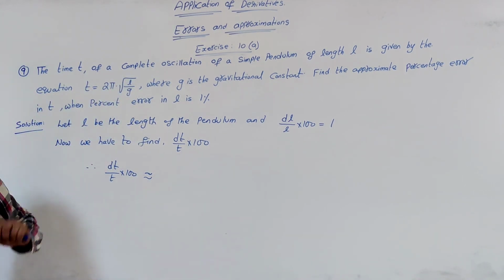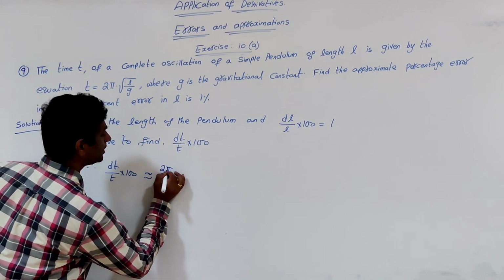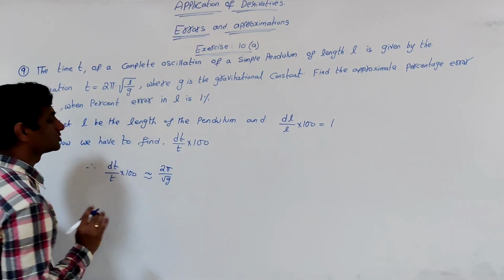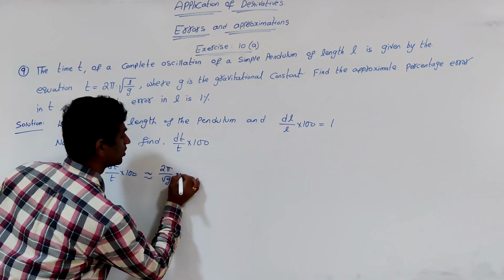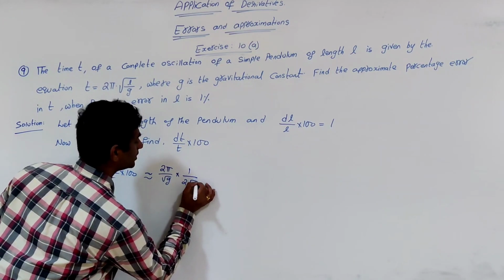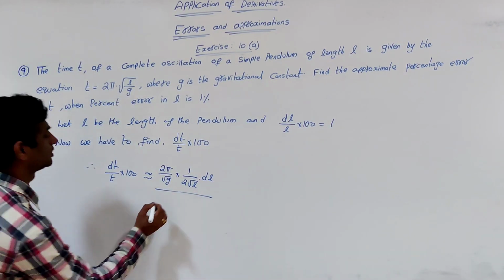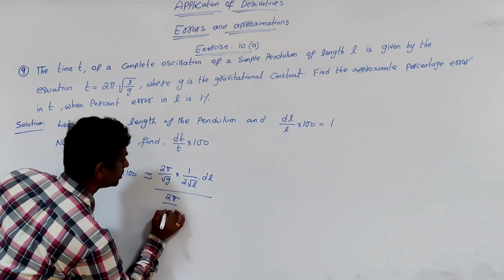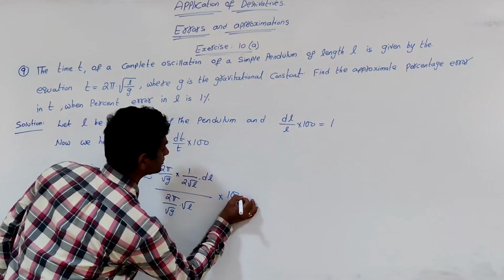It is 1 by 2 root L. So dt will be 2 pi by root g, which is constant, and the derivative of root L is 1 by 2 root L into dL, divided by t, which is 2 pi by root g into root L, into 100.